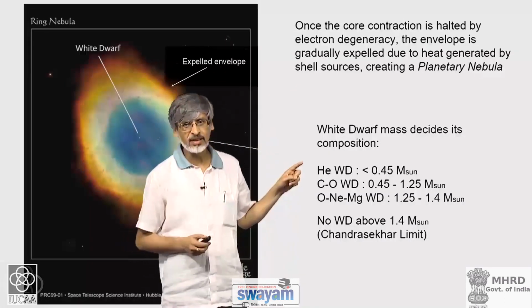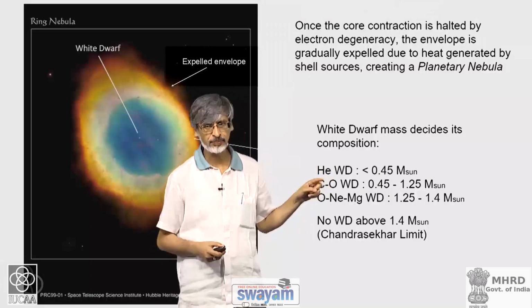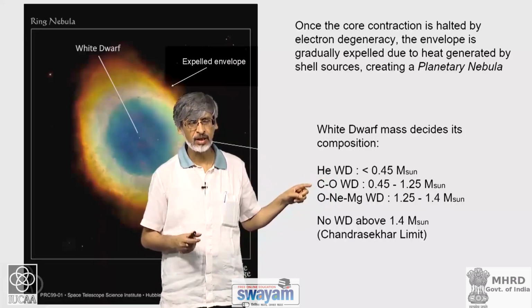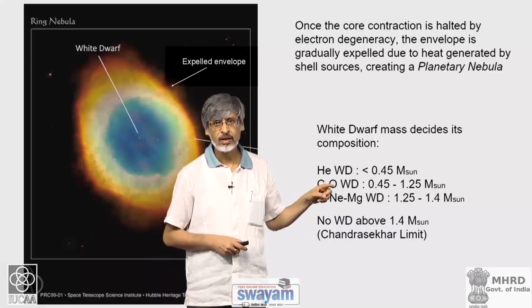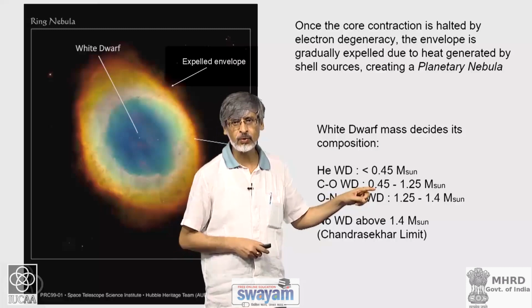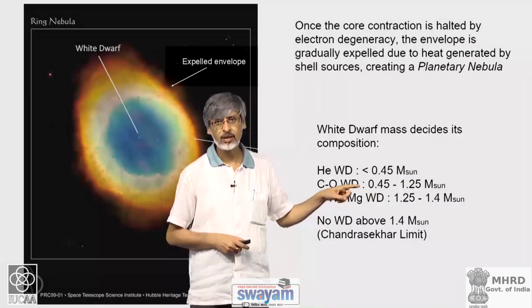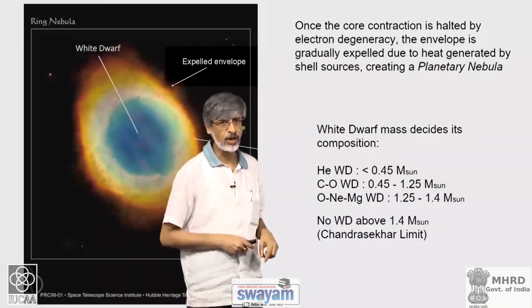If the mass exceeds it, then it is able to undergo one more stage of nuclear burning. So, helium burns into carbon and some amount of oxygen. So, if the core mass is between 0.45 and 1.25 times the mass of the sun, you are left with a white dwarf of composition which is a mixture of carbon and oxygen.